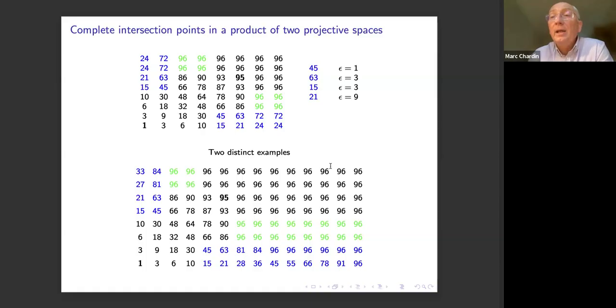And then you have values of epsilon that tell you that there is a difference between the dimensions. And these values are 1, 3, 3, 9. And you can remark, and this I didn't put in the table, that this 1, 3, 3, 9 is just a block at the origin also. So you can express everything in this block in a simple way.